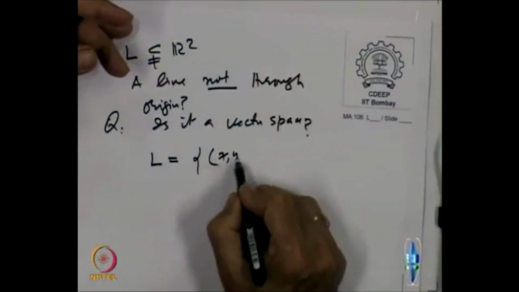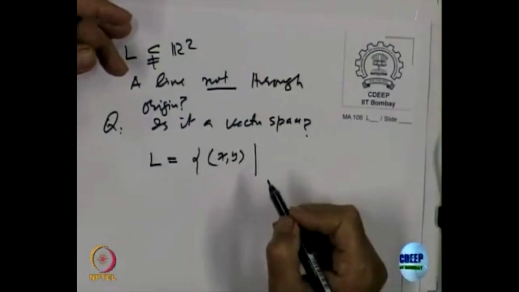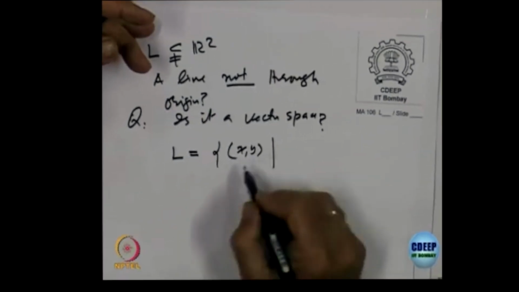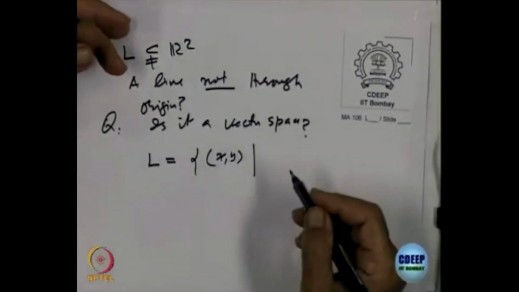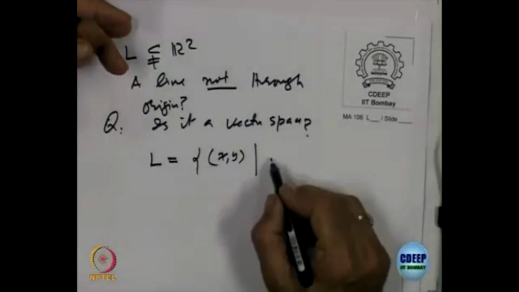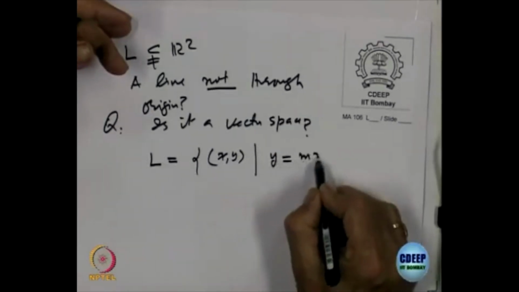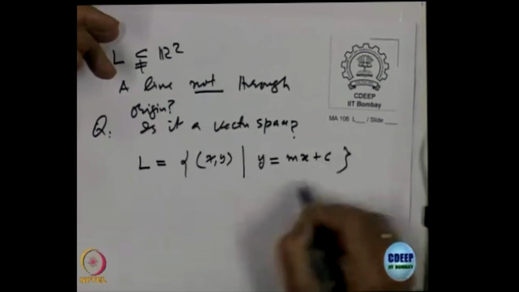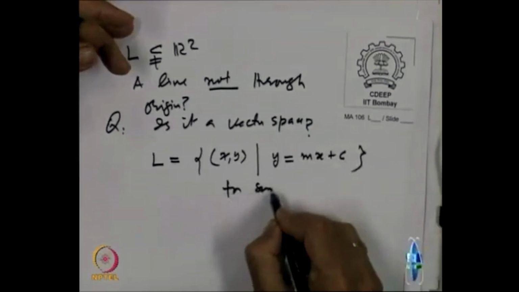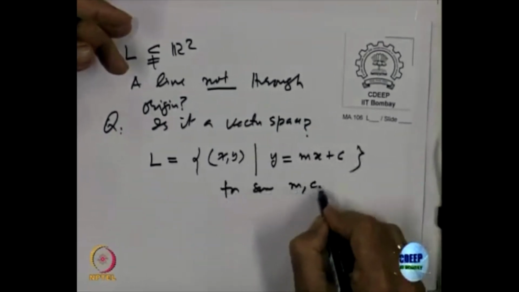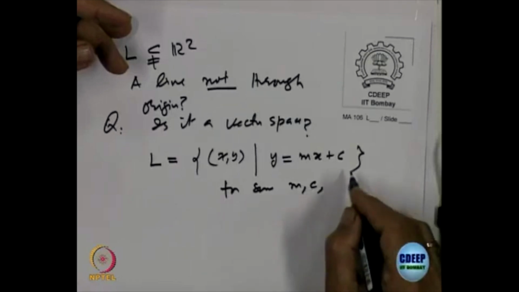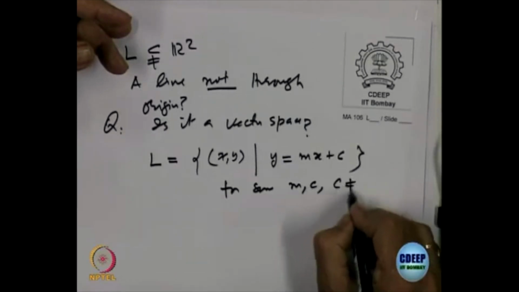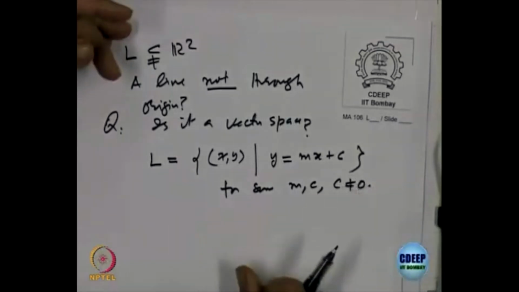It is x comma y such that, what is the relation between y and x if they have to lie on a line? y is equal to mx plus c, for some m, c, and if you want it not through the origin, then c should not be equal to 0.